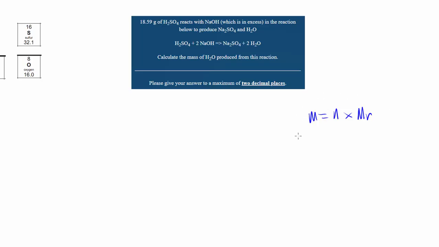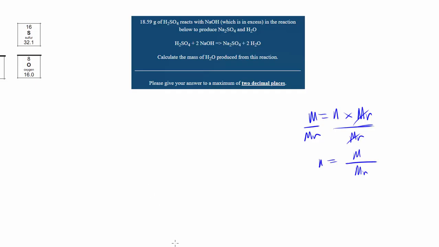If we rearrange this equation by dividing both sides by Mr, we find that the number of moles is equal to the mass divided by the molar mass. So we need to divide the mass, which in this case is 18.59, by the molar mass of H₂SO₄.